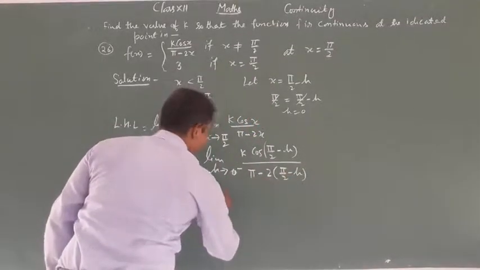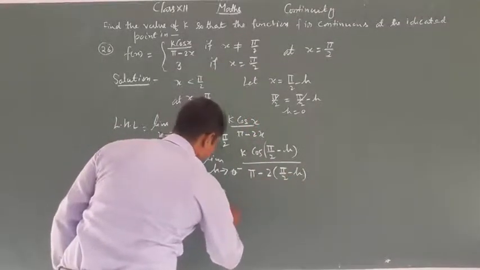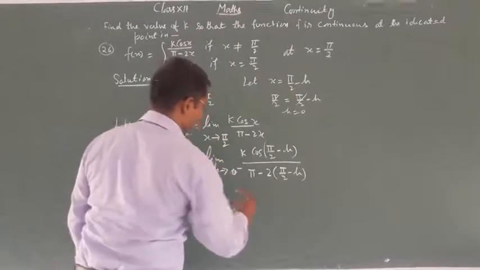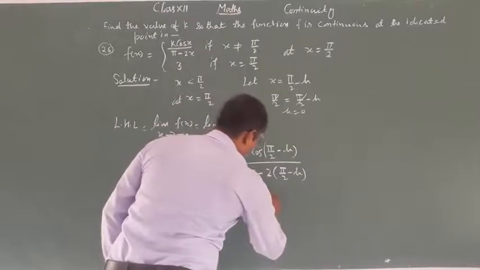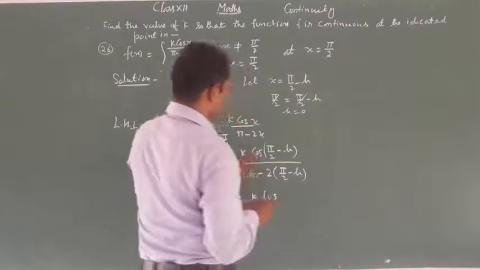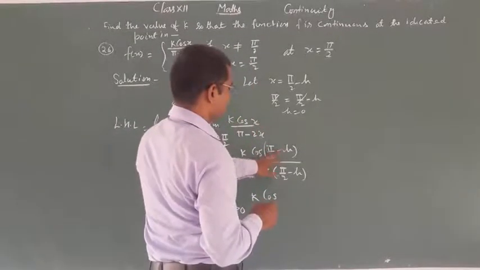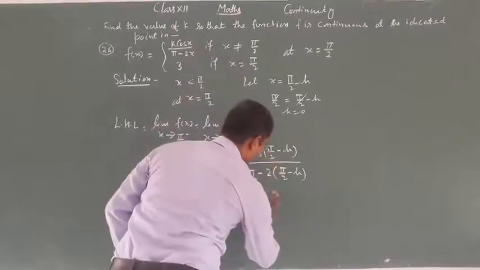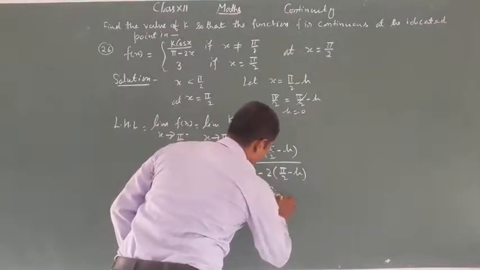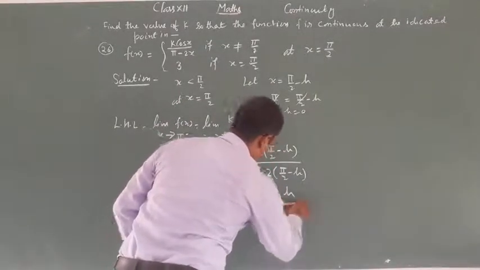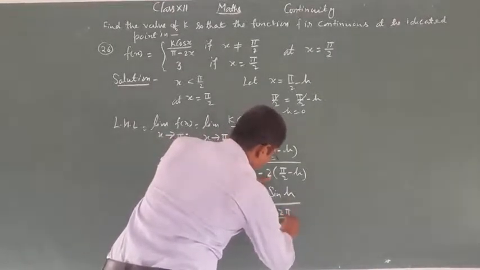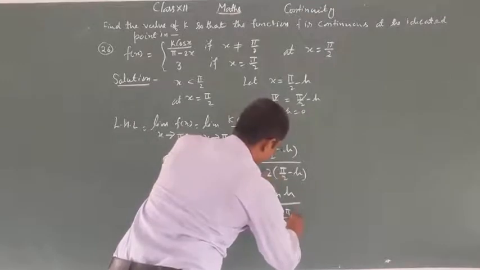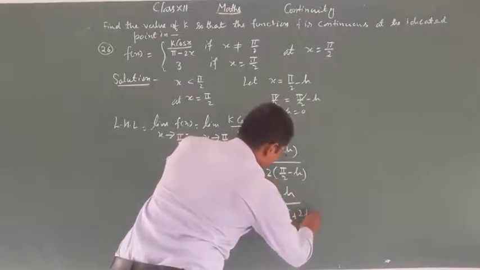So cos of pi by 2 minus h is equal to sin h, upon pi minus pi plus 2h.